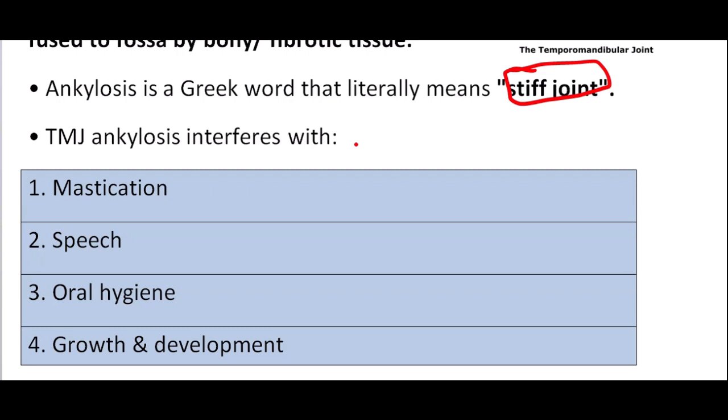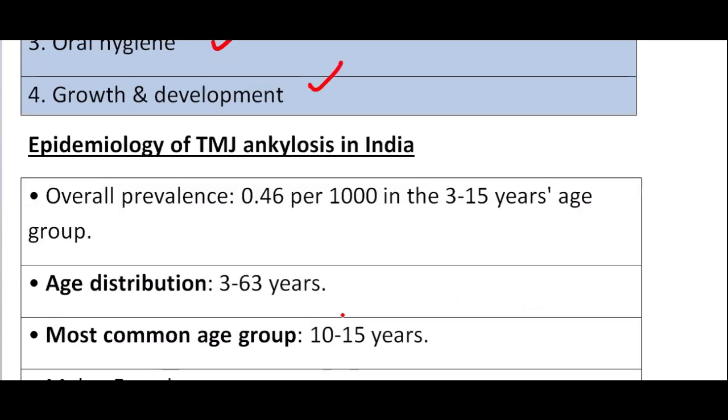This condition can cause significant functional issues, from restricted movement to even the inability to fully open your mouth. Ankylosis interferes with mastication, speech, oral hygiene, and growth and development.